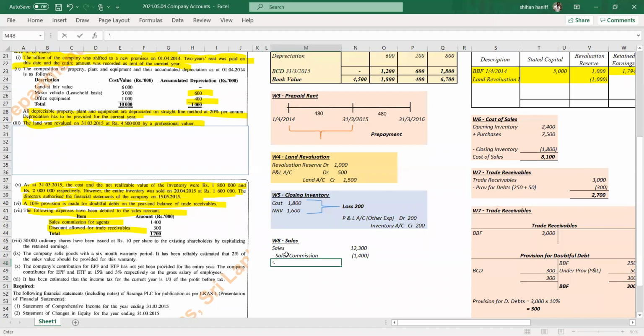And also there is a discount allowed. So both of these balances are not sales, these are expenses. Net sales will be 10,600.